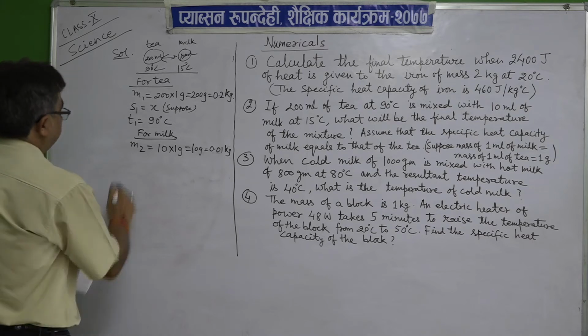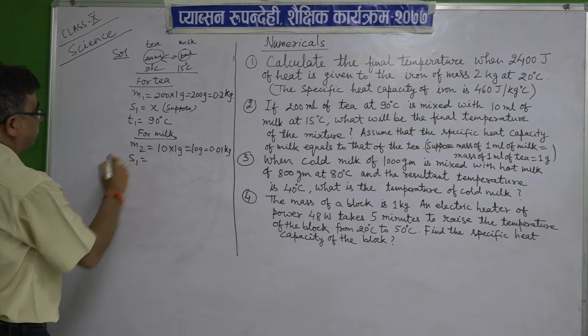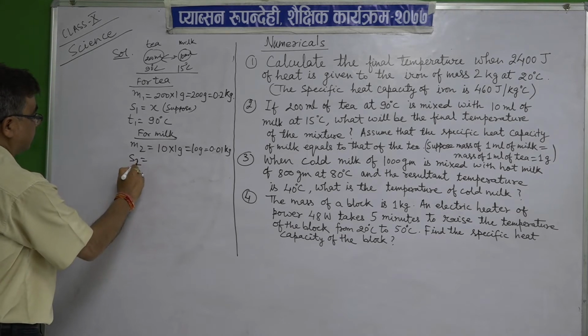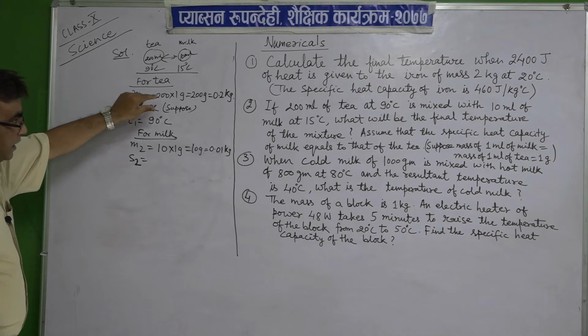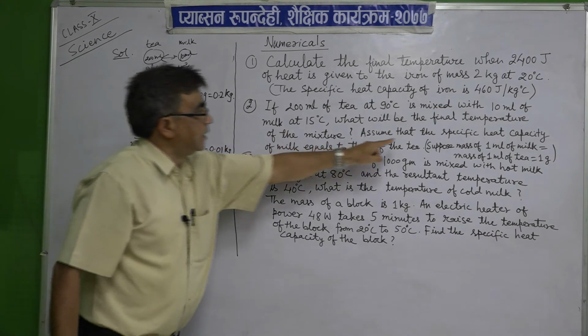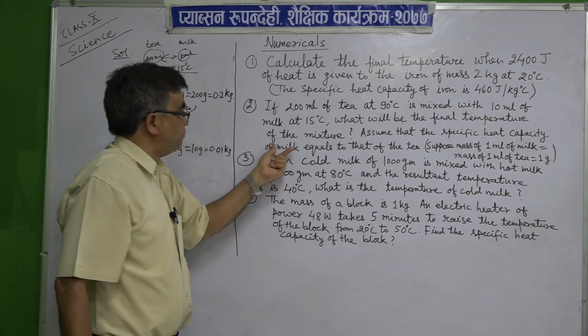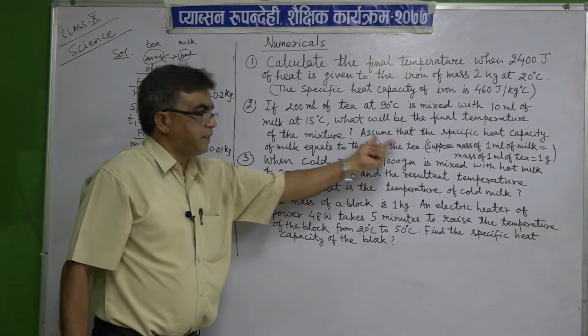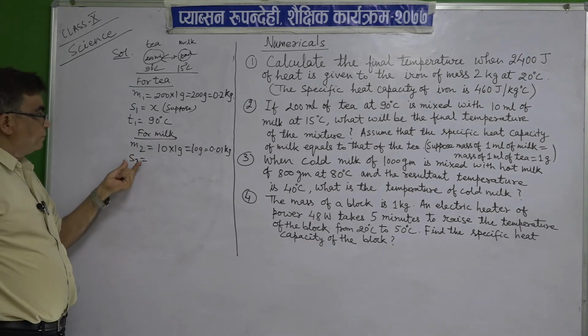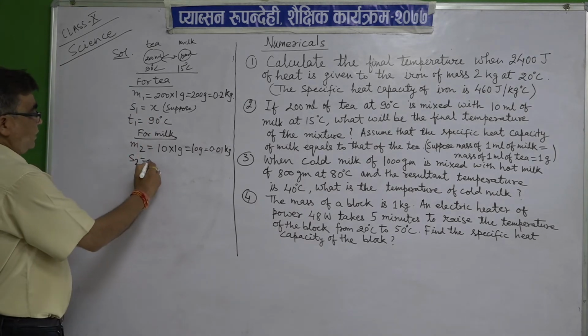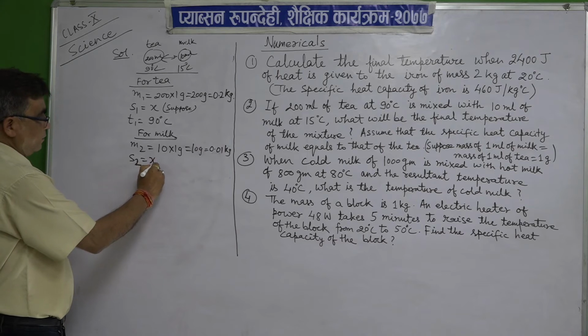Now, next is S1, S2. S1 we have supposed X, and it is given here that the specific heat capacity of milk equals that of tea. So, for tea we have supposed X, that means for milk also it will be equal to X. Why?